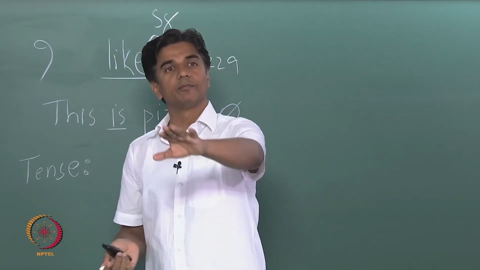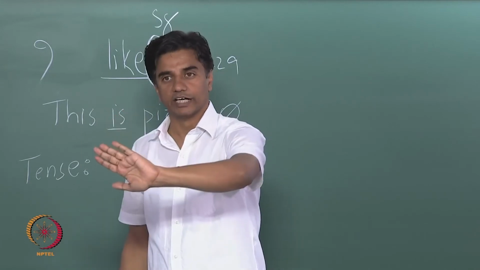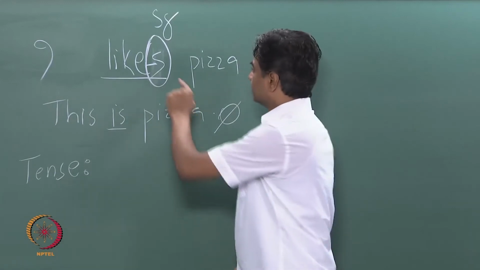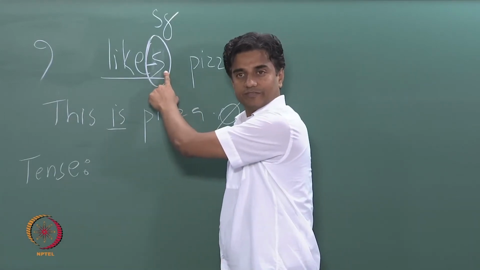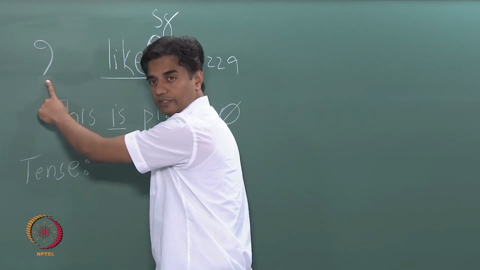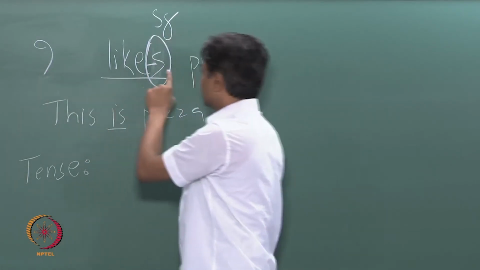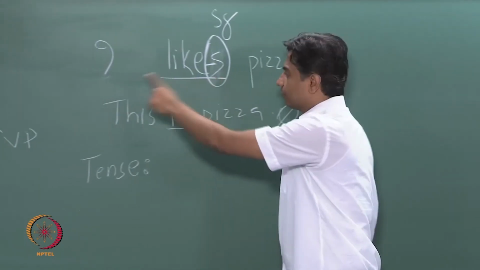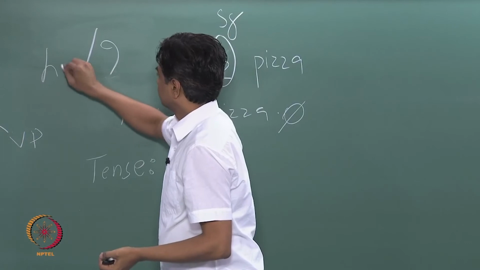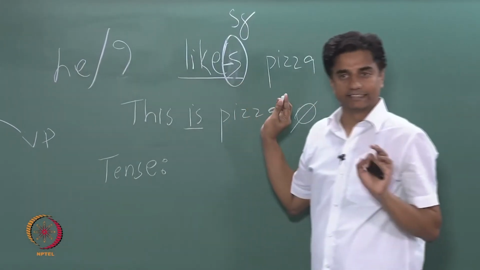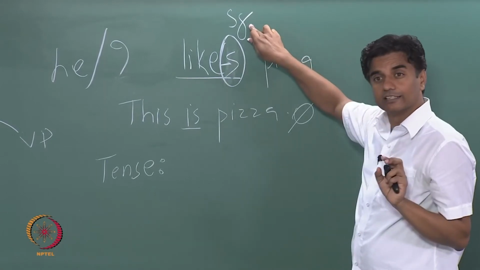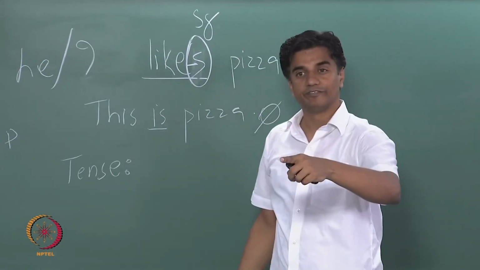I'll tell you that story later, because let's understand this thing right now. What you said is right. This is a singular marker. If we put here a plural pronoun like they, we get like. If we put a singular one, he, then we get likes. So this is a singular marker. Now, singular marker is part of agreement.